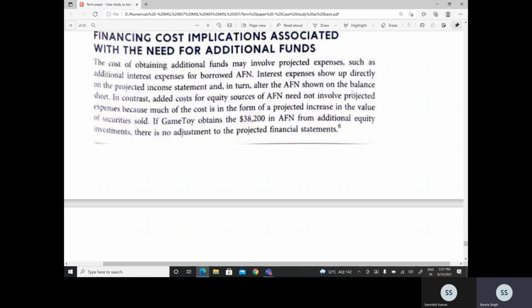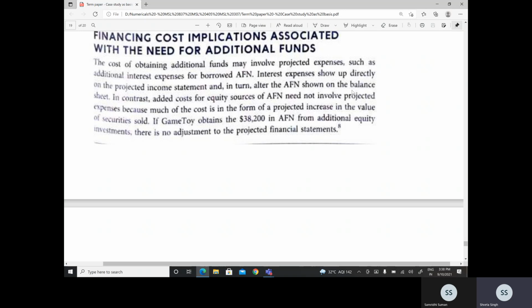In contrast, added costs for equity sources of AFN need not involve projected expenses because much of the cost is in the form of a projected increase in the value of securities sold. If Game Toy obtains the $38,200 in AFN from additional equity investments, there is no adjustment to the projected financial statements. Naturally, because equity does not carry a fixed financial obligation with it.